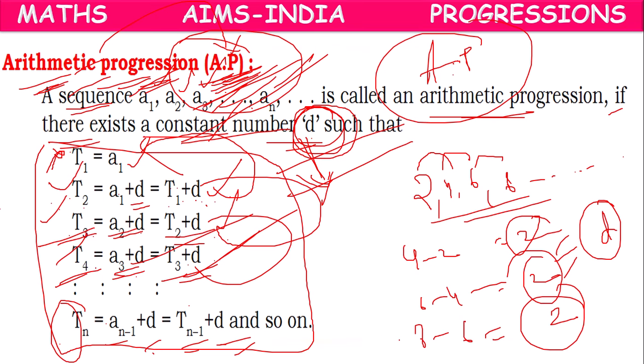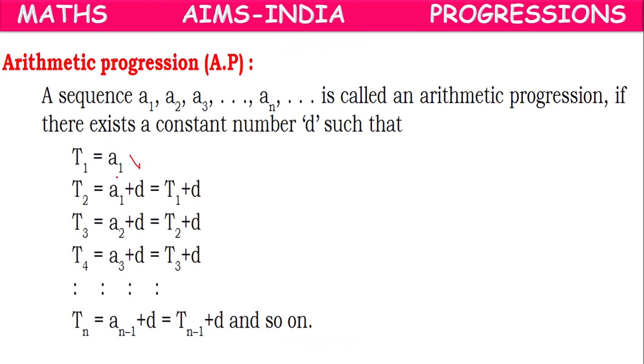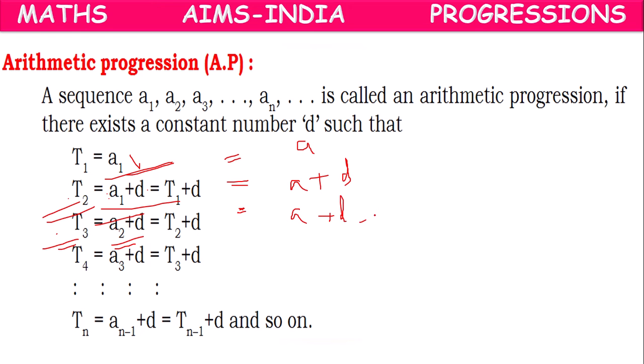If you see this example, first term is A1, let it be A, second term A1 + D, which means A + D. Third term: for the previous term A + D we have to add D, which is equal to A + 2D.